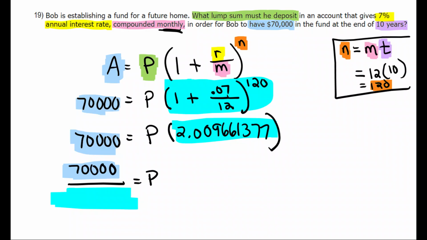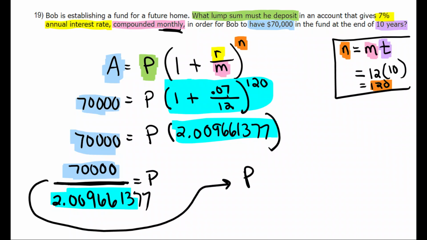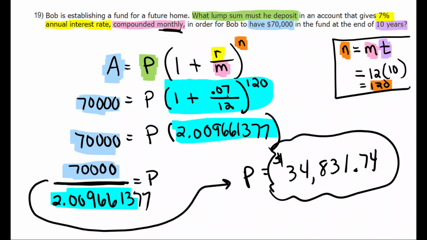So all I have to do is hit 70,000 and then hit the division sign on my calculator and then use that copy and paste feature that I showed you in class and copy and paste this behind the division sign and follow me over here. And when I'm done, P should be $34,831.74.